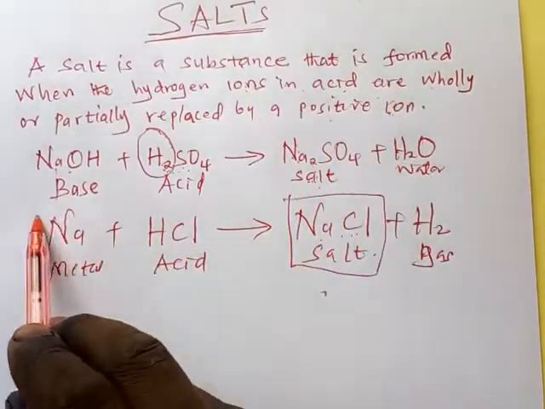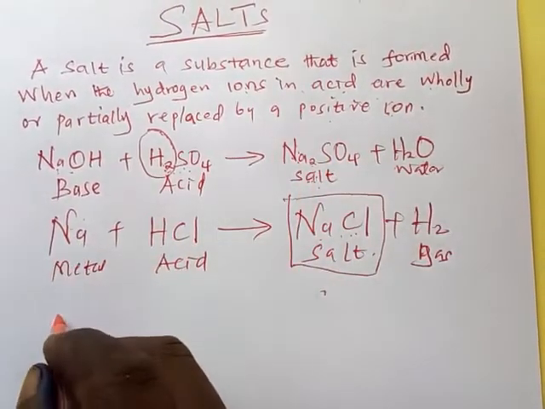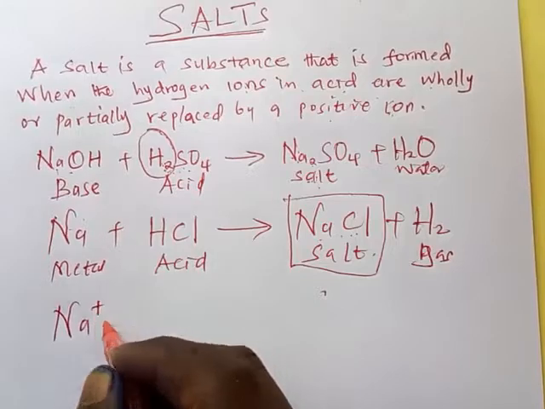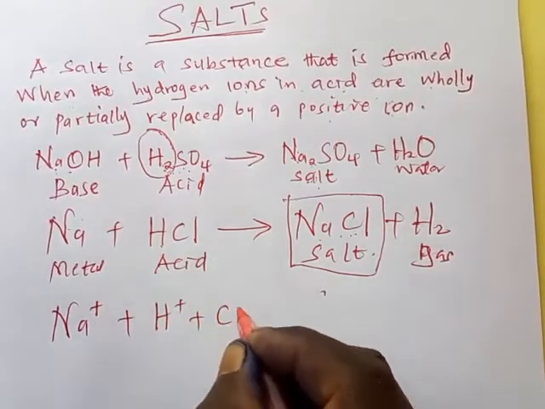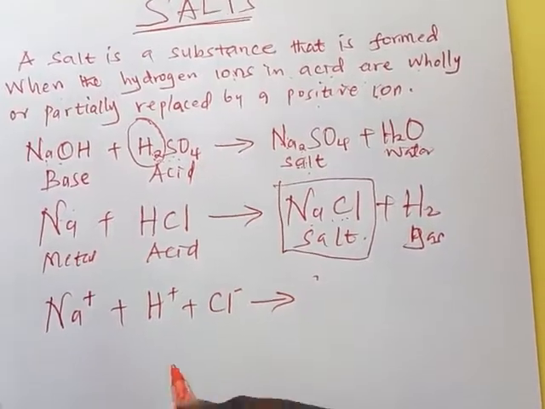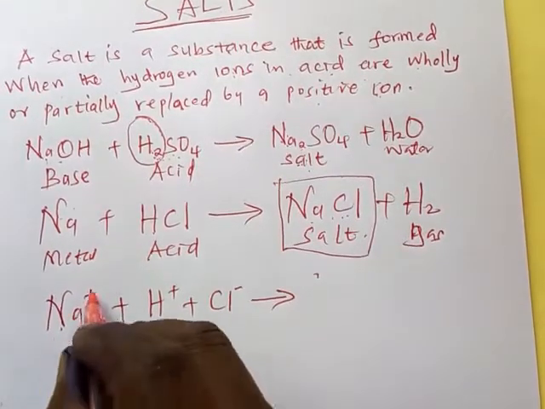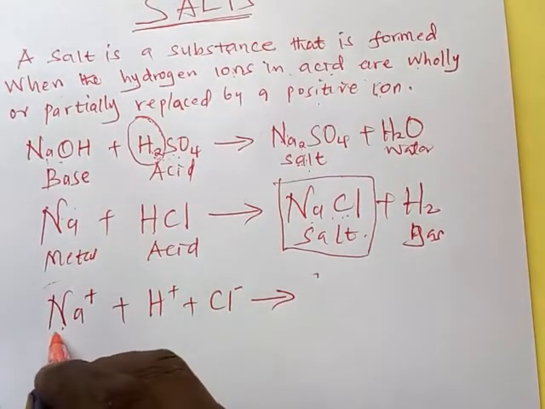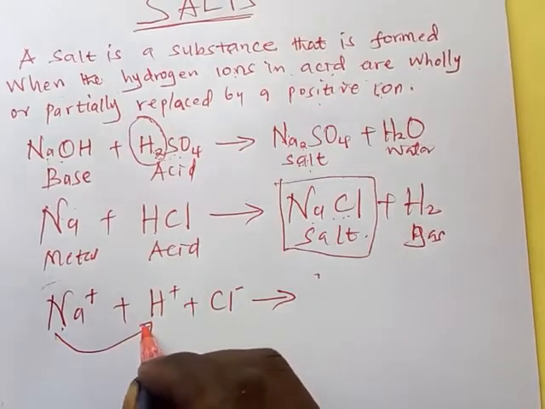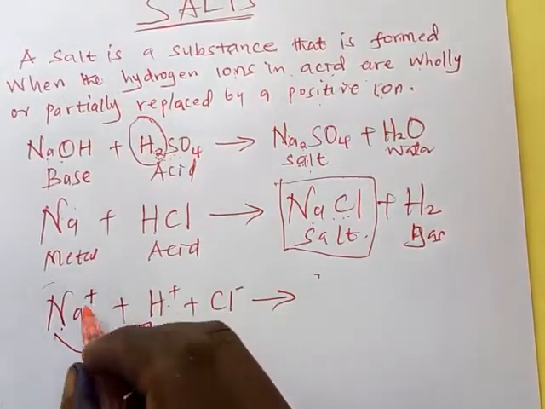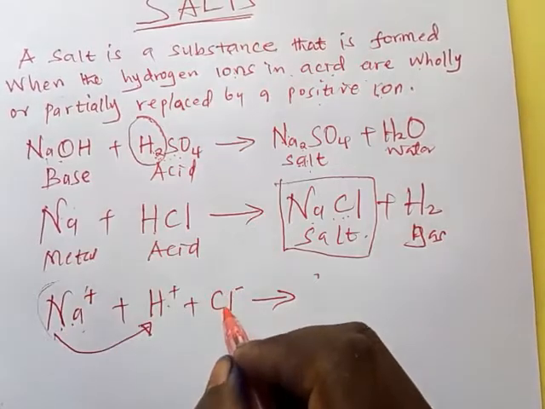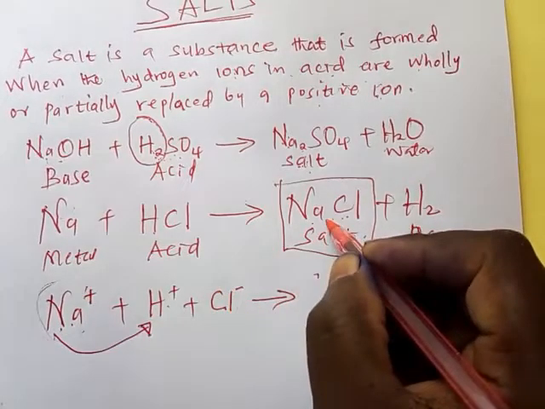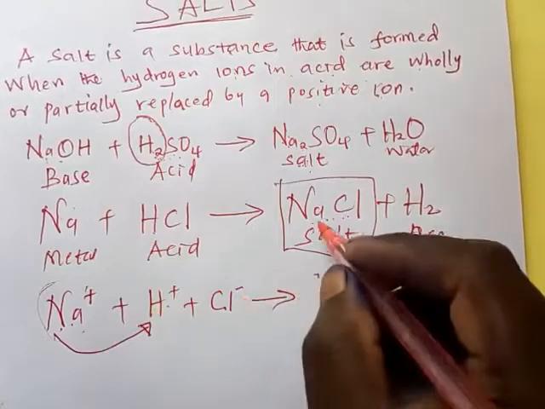Here the positive ion is sodium, which is positively charged. Let me dismantle this one: hydrogen ions plus chloride ions. The sodium positive ion displaces the hydrogen ion in the acid. So this sodium attaches itself to chlorine and they form the salt, sodium chloride.